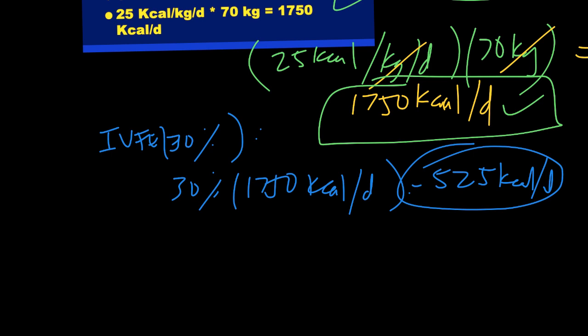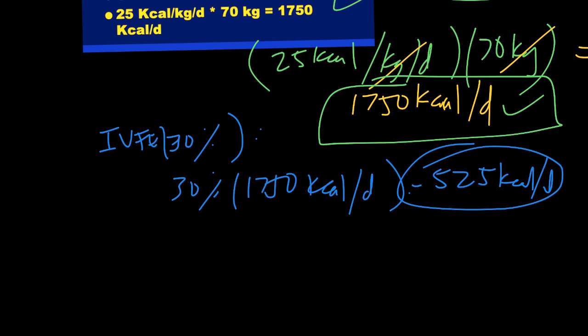I'm just going to use a calculator. 1750 times 0.70 is 1225.